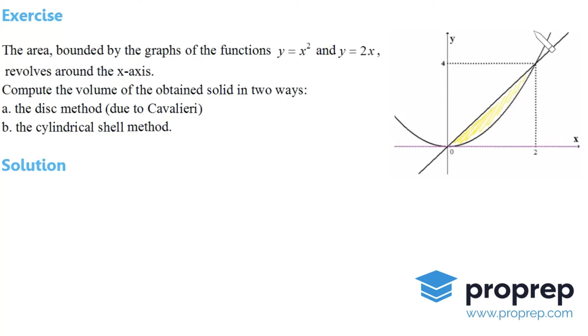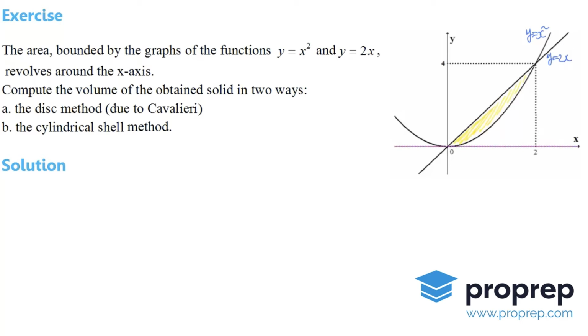This one must be y equals x squared, which is an upward facing parabola, and this one would be y equals 2x, which is a straight line through the origin, so we know which is which.